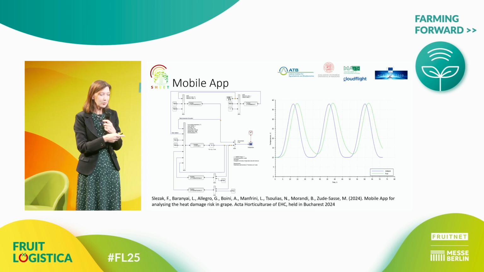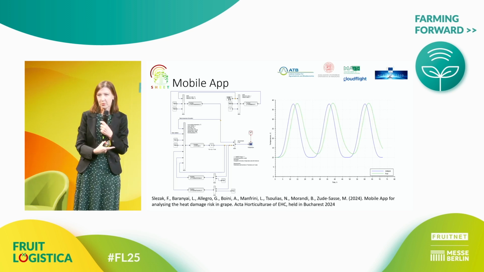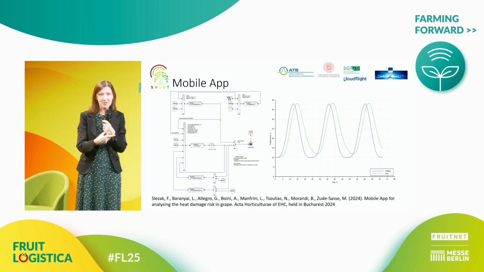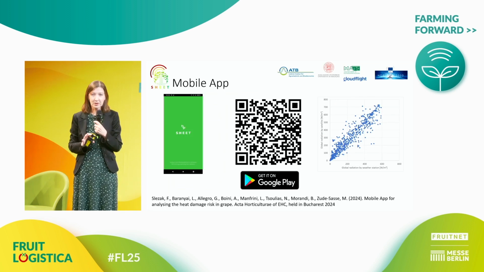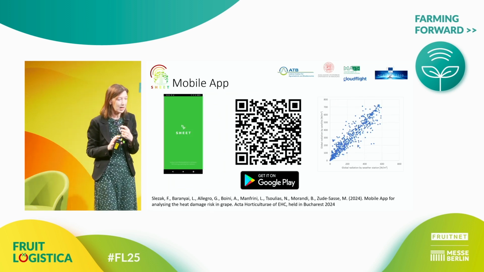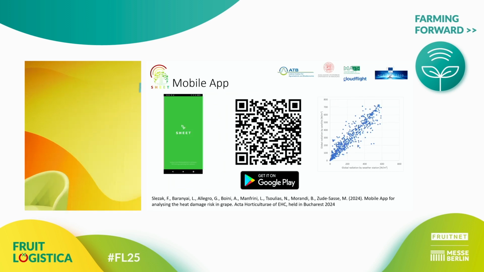So what you may imagine, we need the weather information, because without the weather, we cannot really make a prediction here. So, we use the satellite data. Obviously, that is also a little bit erratic, or with, let's say, a high measuring uncertainty. So I move over here again. So we see here the global radiation by the weather station on the x-axis, which was directly placed in the orchard, and then on the y-axis, you see the satellite data.